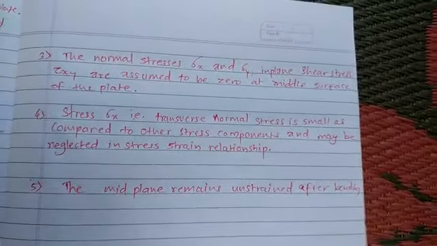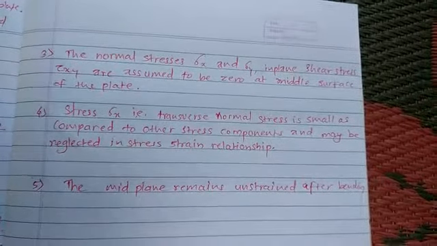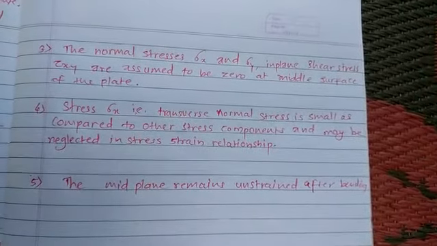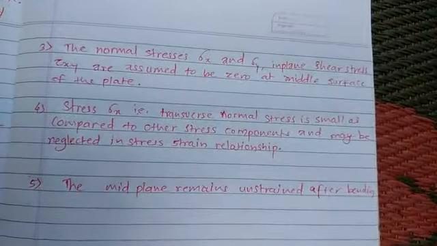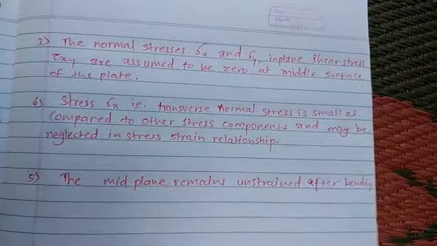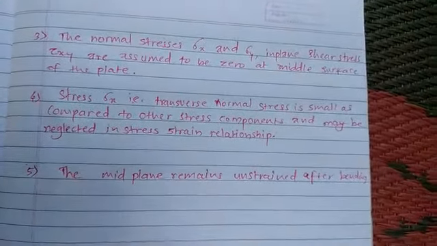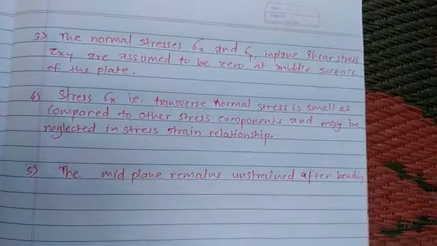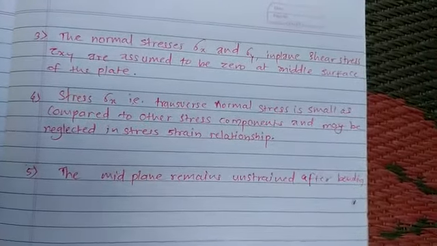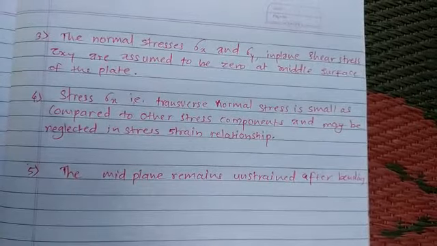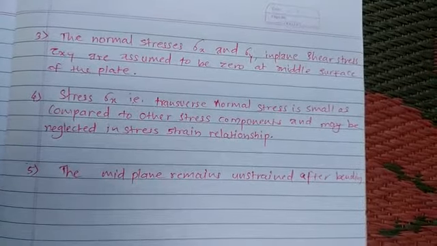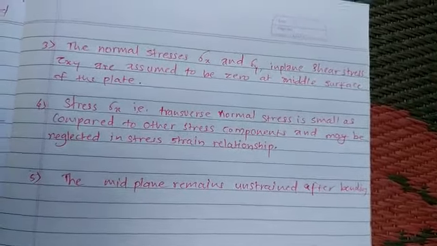They reduce the three-dimensional plate problem to two-dimensional. Hence, in Cartesian coordinate system, only normal stresses, that is sigma x and sigma y, and shear stress tau xy would exist in plane, and these stresses are functions of two coordinates, that is x and y.